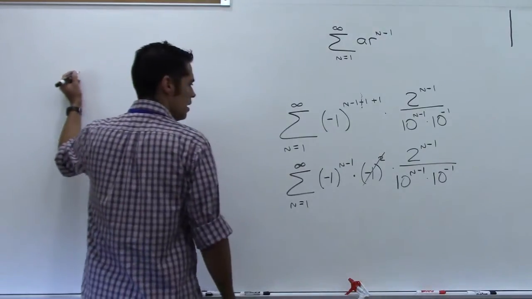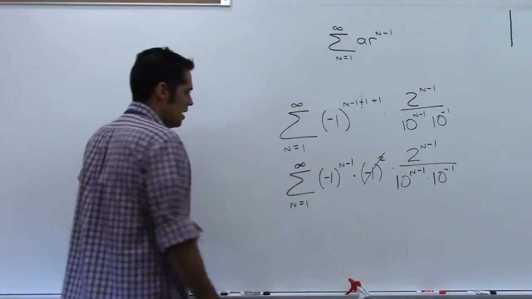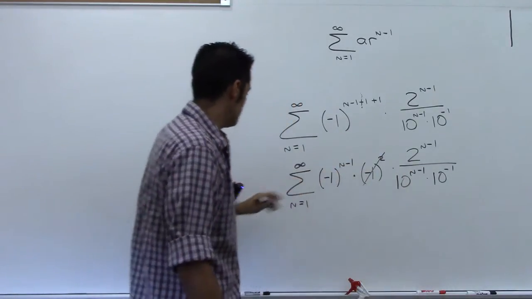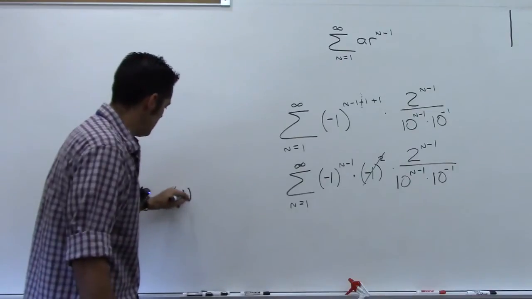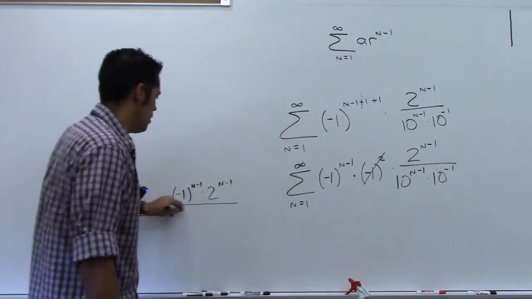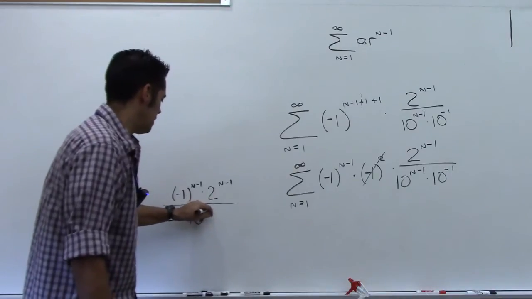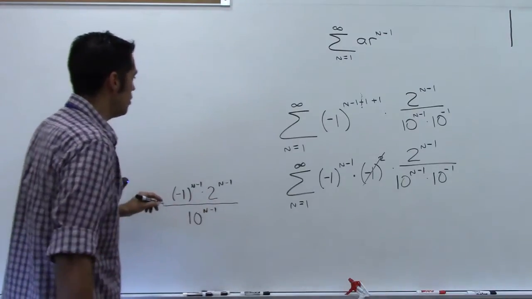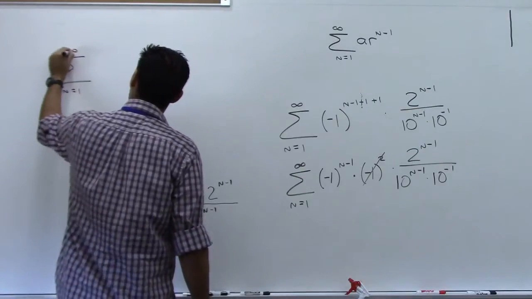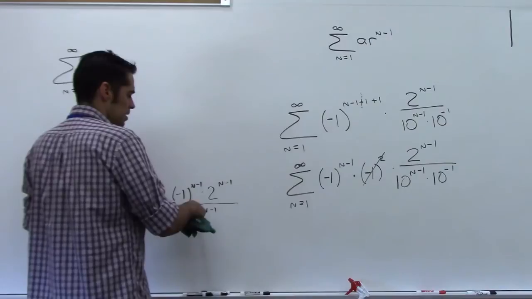And so now what I'll do is I'm going to take everything that has an n minus 1 in it as a power and put those together. So I'm taking negative 1 to the n minus 1 times the 2 to the n minus 1 over 10 to the n minus 1. Since these are all to the n minus 1, I can write this as sum n equals 1 to infinity, all of this to the n minus 1.